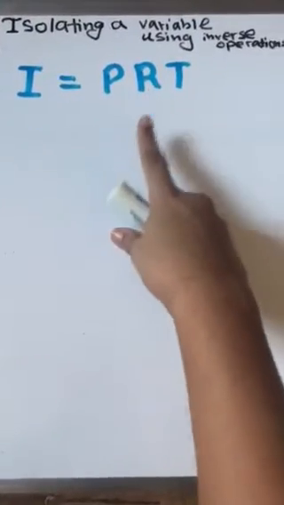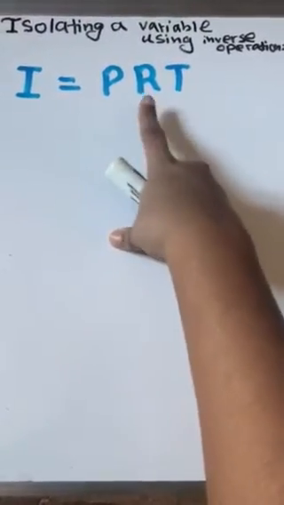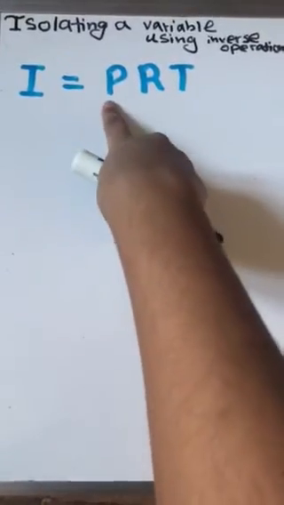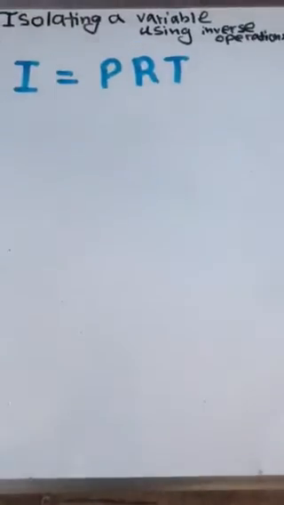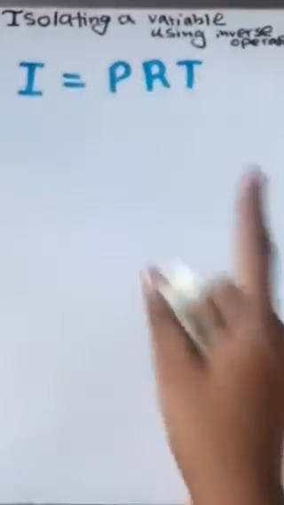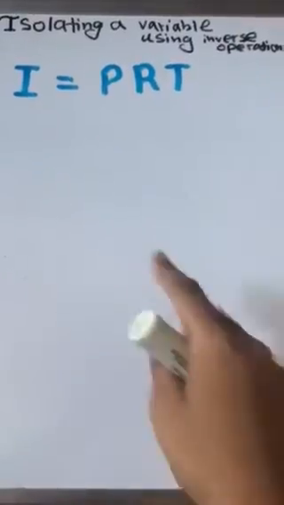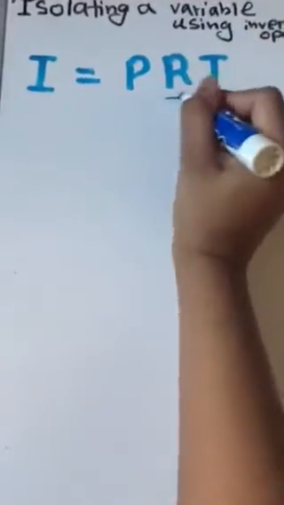So what can I do? Well, I want this r alone, meaning I have to get rid of this p and get rid of this t. How do I do it? I have to first ask myself, what is the operation that is happening here? Well, r is my variable.